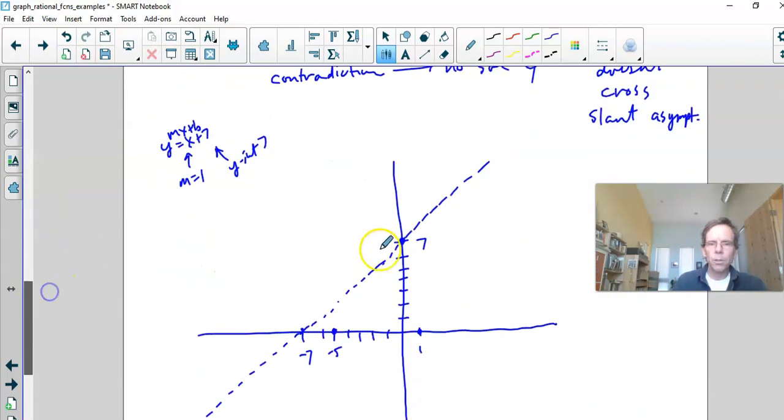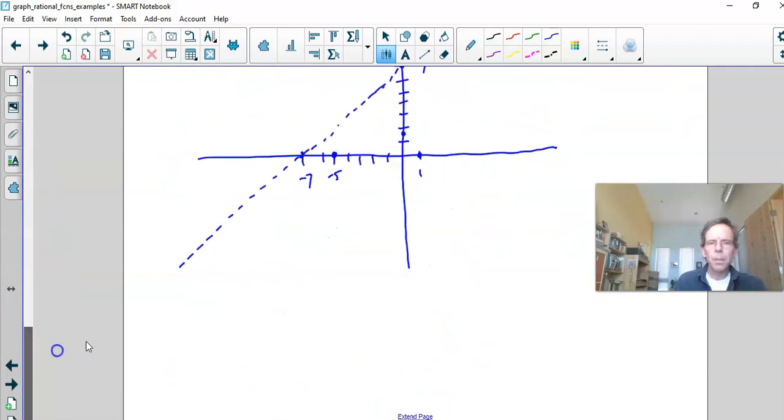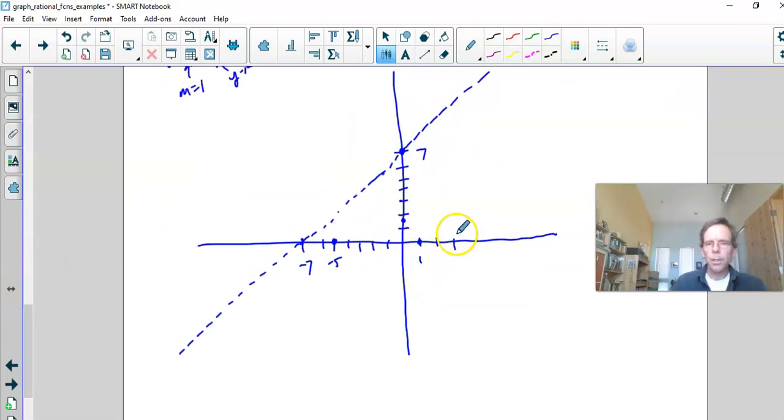It's like 1 2/3. That's maybe about here. And then we had a vertical asymptote at, what, 3? 3. So 1, 2, 3. We'll draw a vertical dash line there.